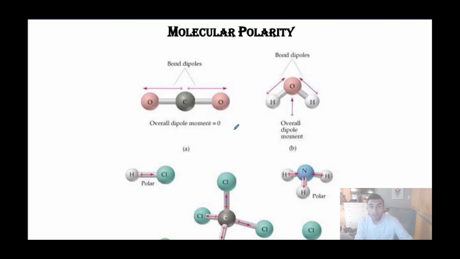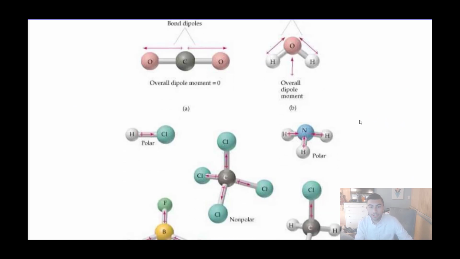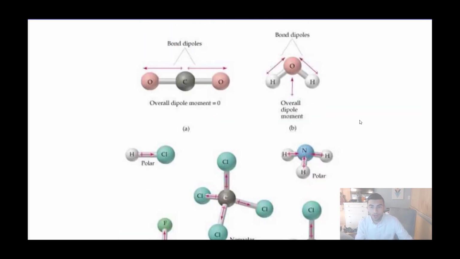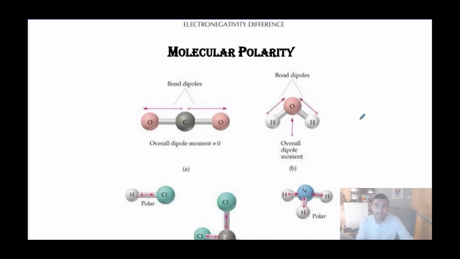Now, the bond polarity ultimately led to classifying molecules as being polar or nonpolar. Molecular polarity has to do with the shape of the molecule, and if a molecule has a positive or negative end associated with it. Something like water has 2 polar bonds. This oxygen-hydrogen bond is polar. This oxygen-hydrogen bond is polar.